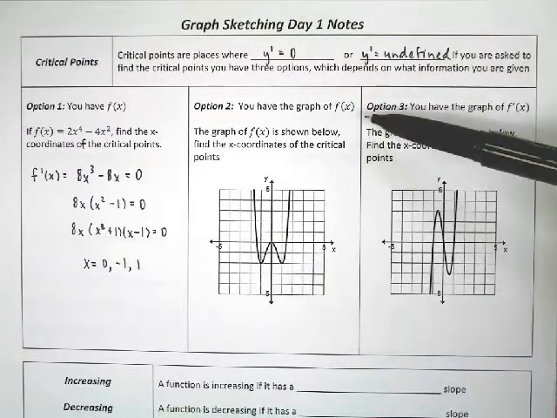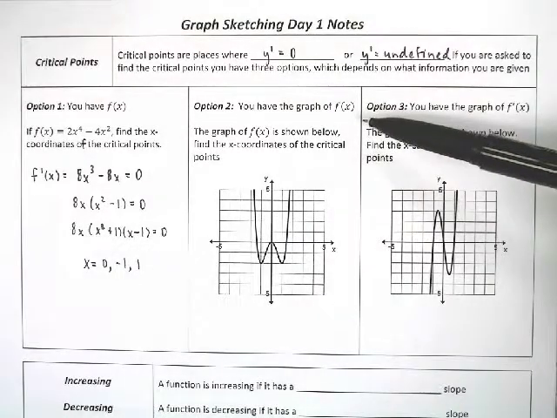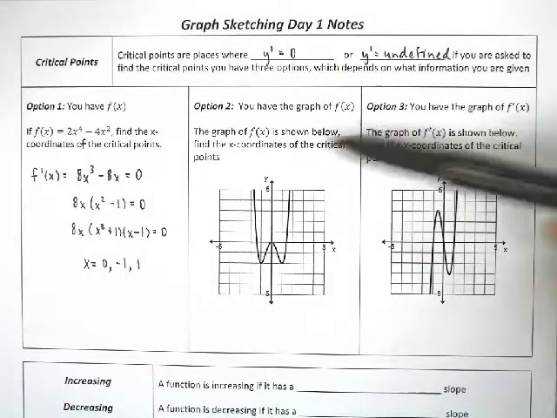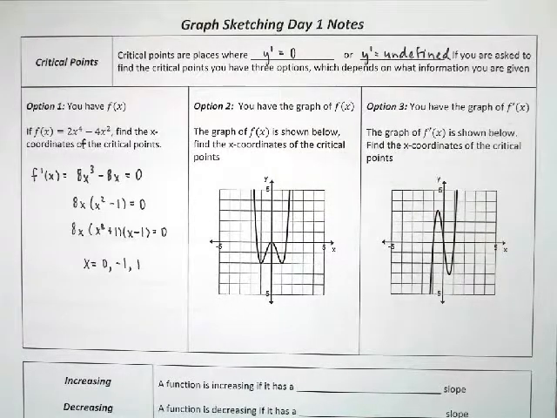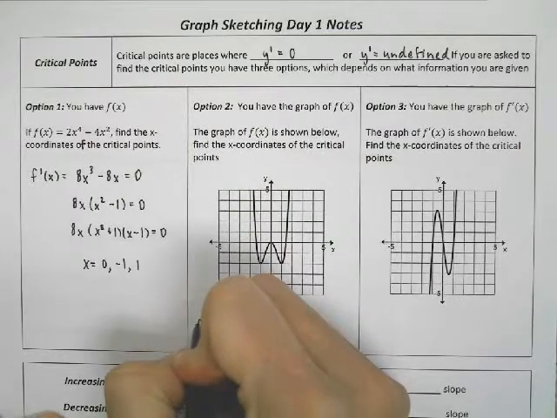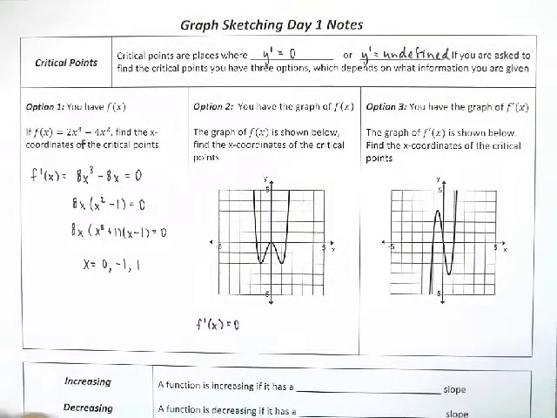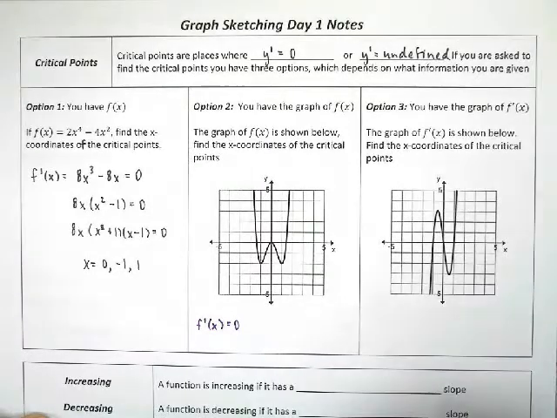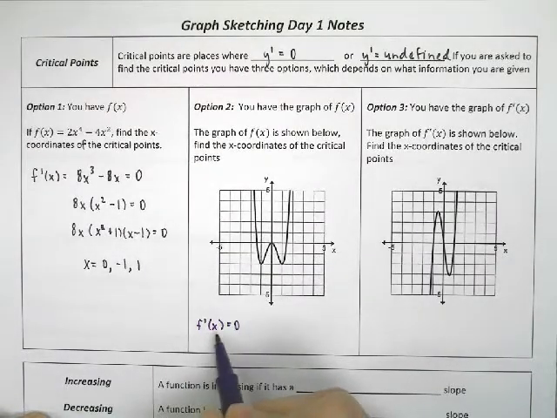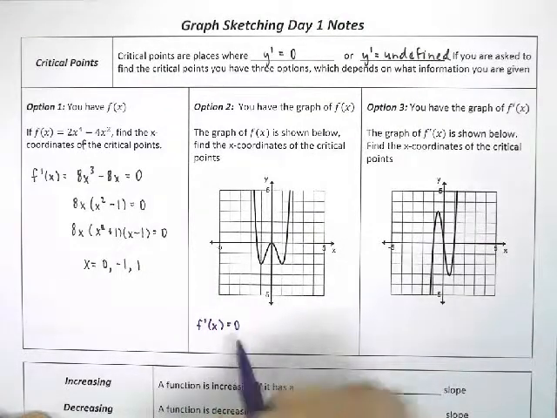Now, the second option is they may give us the graph of f of x and ask us the same question, to find the coordinates of the critical points. Now, we said we found this by finding where the derivative is equal to 0. In this case, what that's really asking us is where is the slope of the tangent equal to 0?